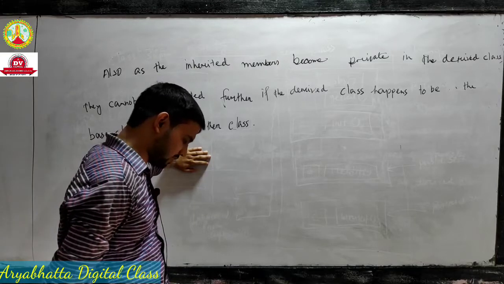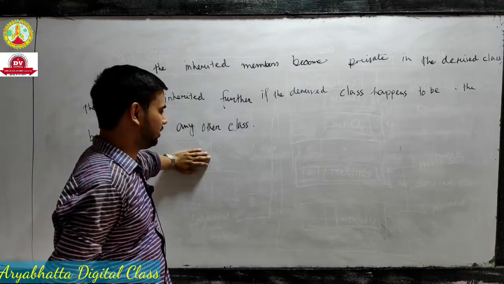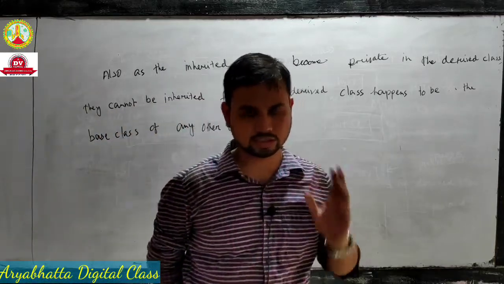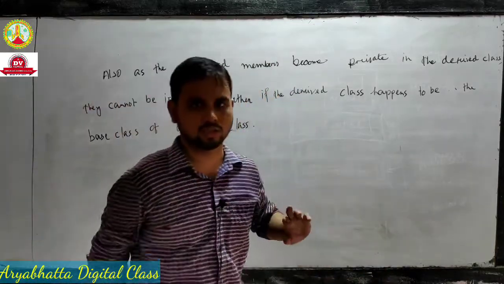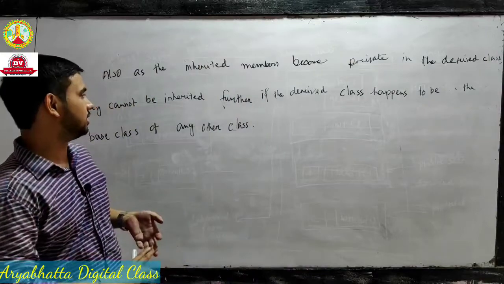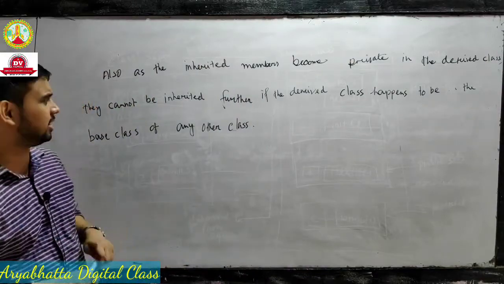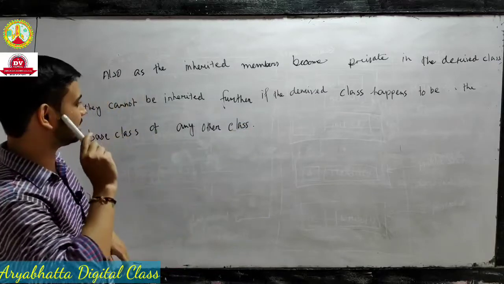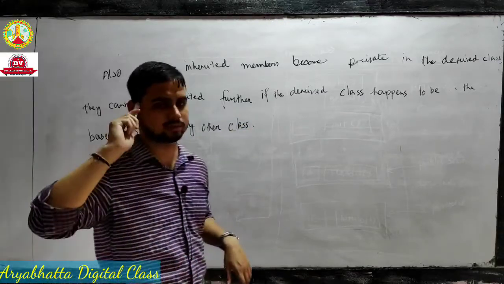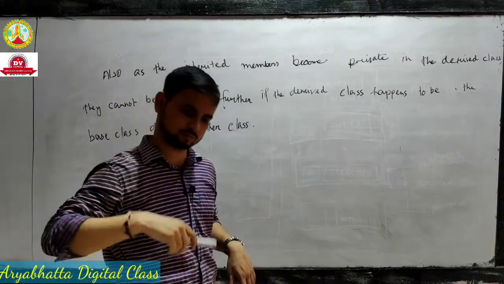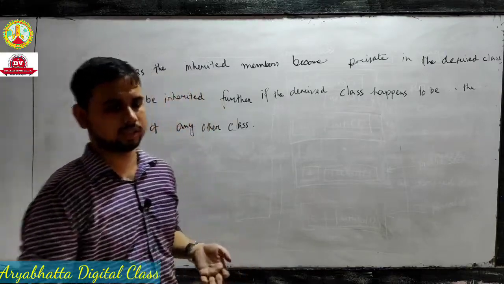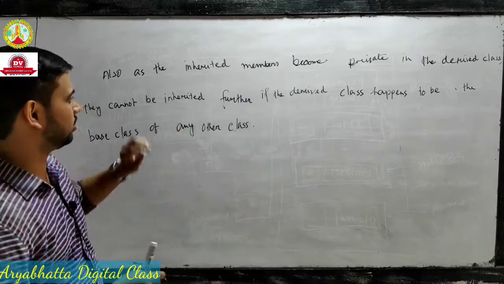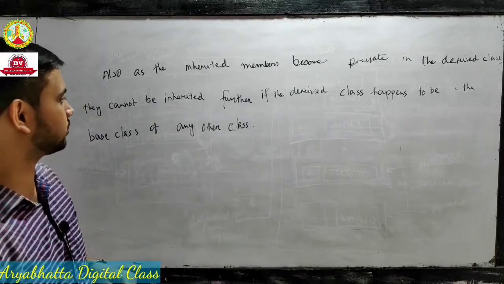Means in private visibility mode, as I already told you, the inherited property will be accessible only within the same class, not outside of the class. That's why it cannot be inherited further if the derived class happens to be the base class of any other class. Means it cannot be accessed from outside of the class, because this is the private visibility mode.